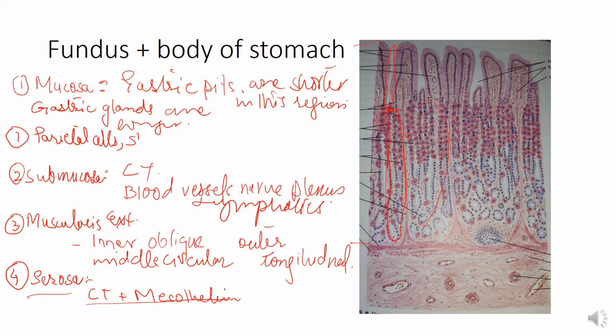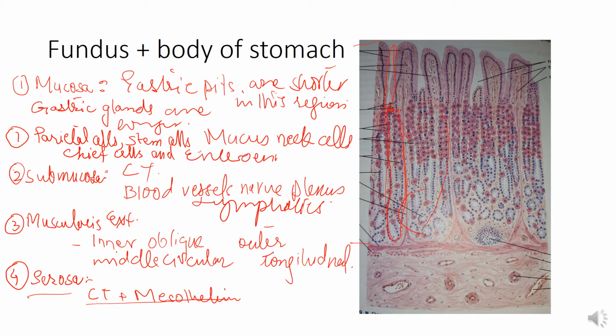Then the stem cells, mucous neck cells, then lying in the basal part are the chief cells and enteroendocrine cells.